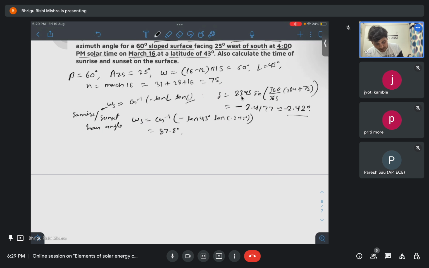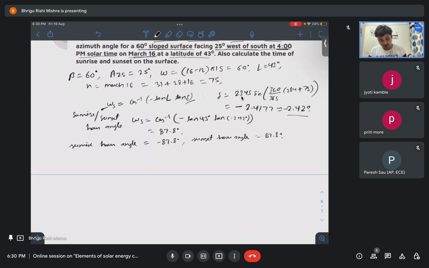Now the sunrise hour angle will be minus 87.8 degree, and the sunset hour angle will be plus 87.8 degree. This is for the horizontal surface, not the tilted surface. Right now we have calculated the sunrise and sunset hour angle for the horizontal surface.